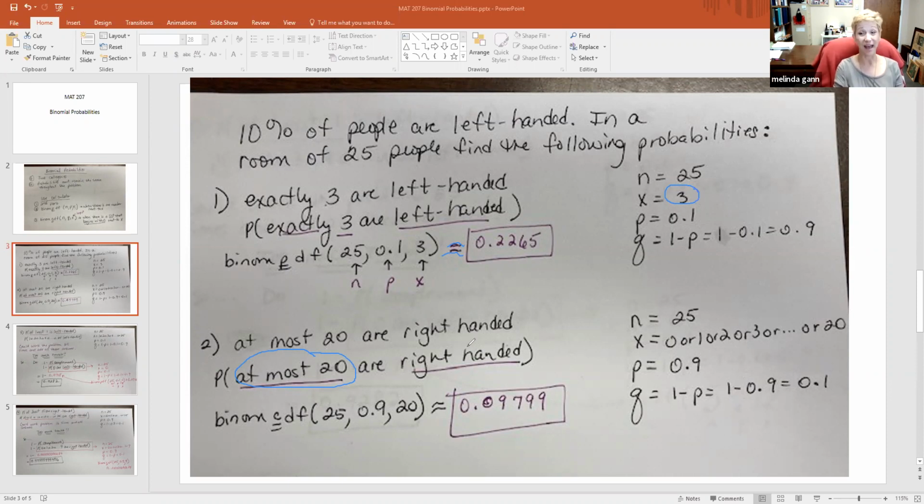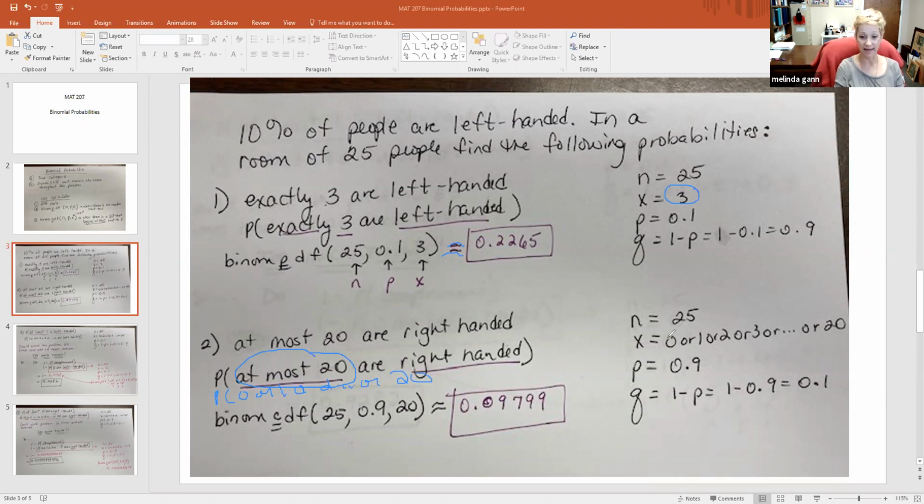If I say that bridge holds at most 2,000 pounds, that means it'll hold 2,000 or less, okay? So at most 20 literally means, what does it mean? It means 0 or 1 or 2 all the way to or 20 are right-handed.